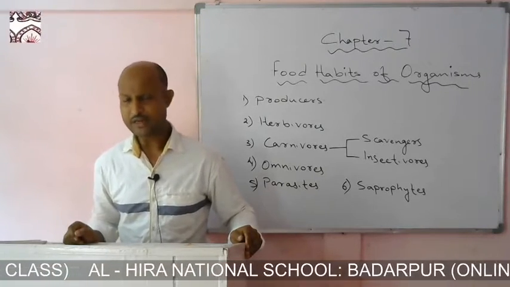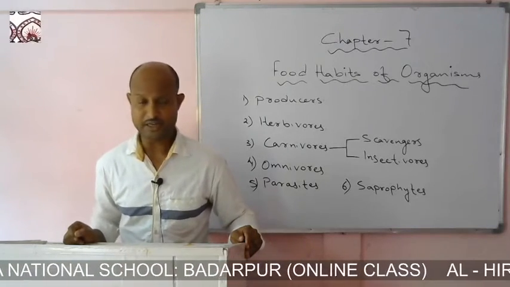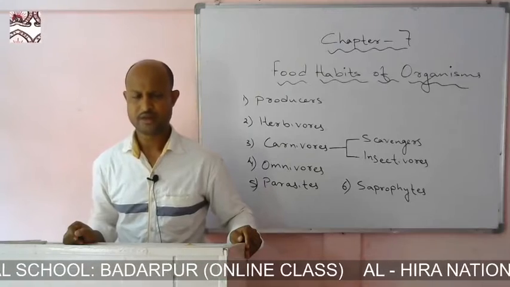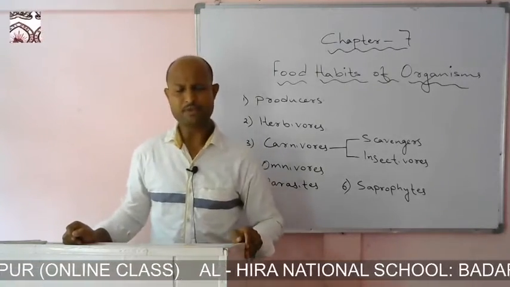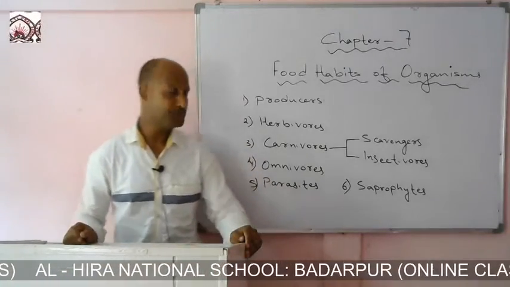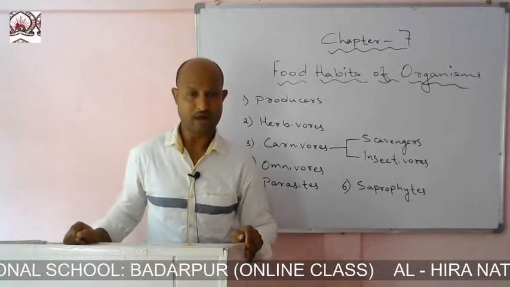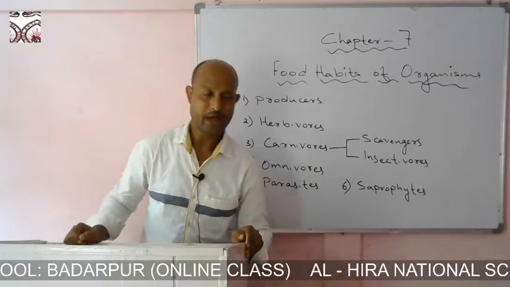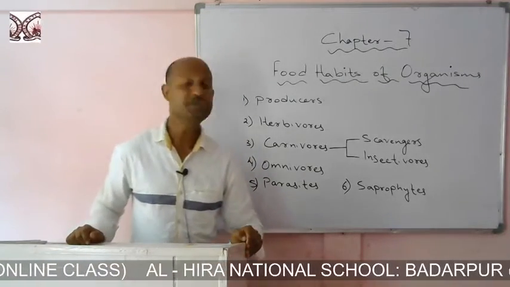The way they collect or gather their food, or the type of food that they eat, is very different in different organisms. So looking at the food habits of different organisms, the scientists have classified them into different groups so that it becomes easy for us to know the food habits of the animals that come under each group.